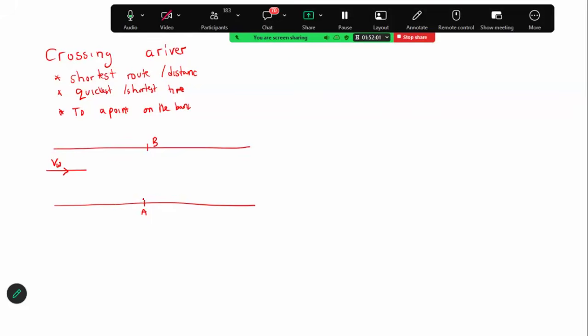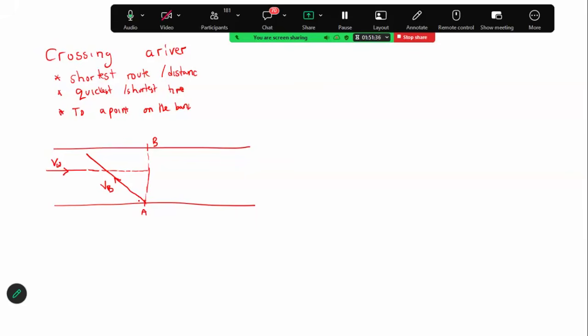And let me assume you are using a boat to cross the river. You are not swimming. So if I'm to use a boat, then I'm going to come like this. When I'm coming like this is the velocity of your boat. So the river is going to push you, like this, up to when you reach the crossing.